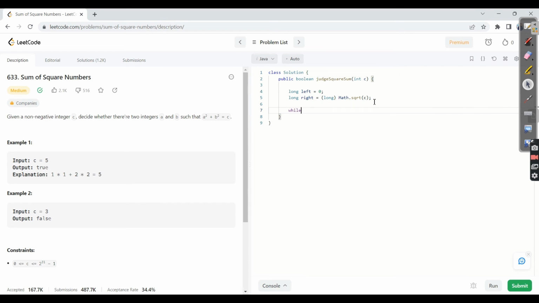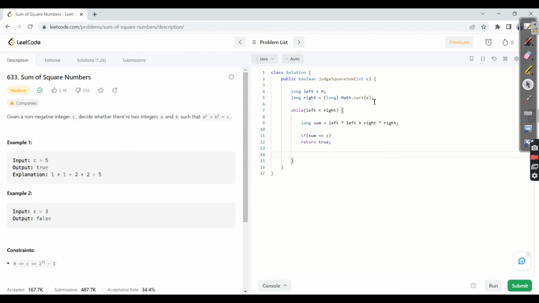Now let's see. Until which condition you need to solve? While left less than right. Okay, till this condition satisfies. Every time you need to take, let's assume, sum is equals to left into left plus right into right. If this sum whatever we got here is equal to the c which we are looking for, then return true.